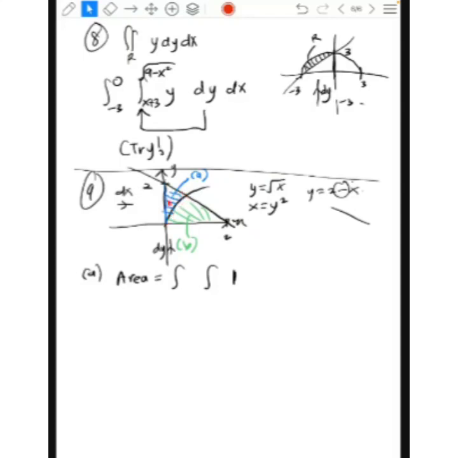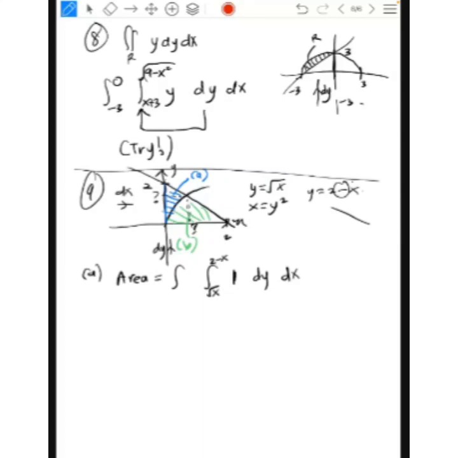So you have to separate the curve between here. But if you work towards dy, you'll find the whole curve, which is y equals square root x, and the whole straight line, which is y equals 2 minus x. So you find the intersection here.